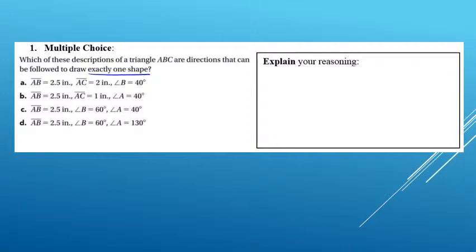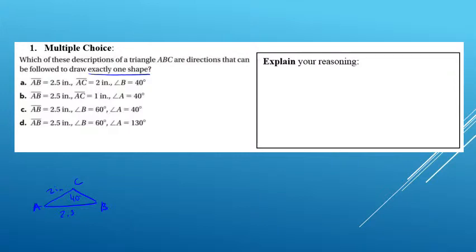So for example, in A, we've given you a side length, 2.5 for AB, another side length of 2 inches for AC. I'll draw that in a second here. And then B is 40 degrees. If you think about B being 40 degrees, you might envision how I could have a length of C here that is 2 inches.